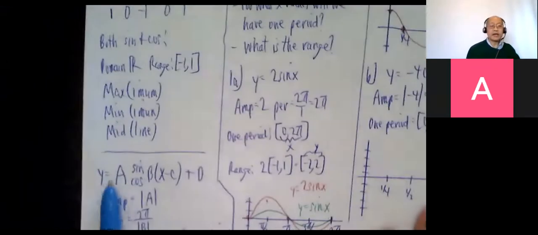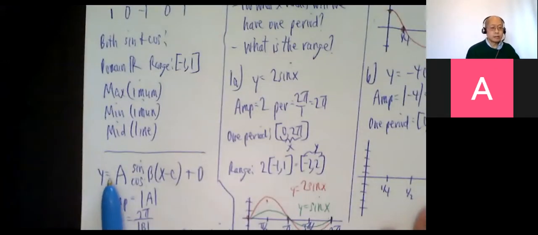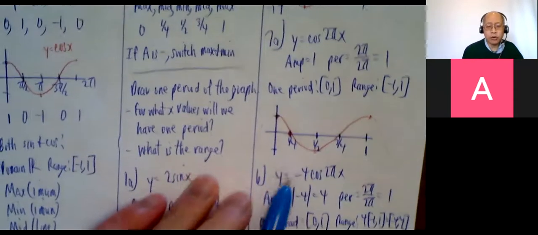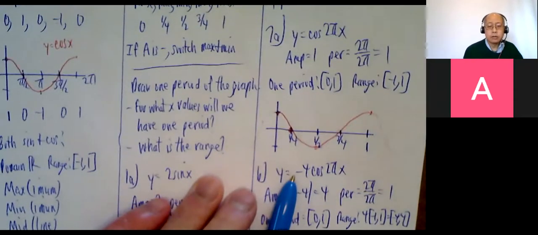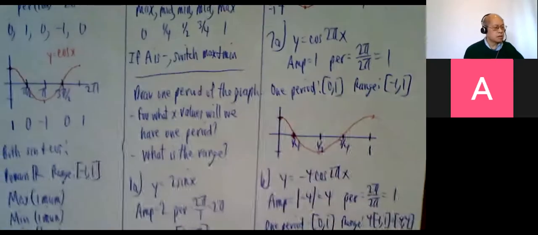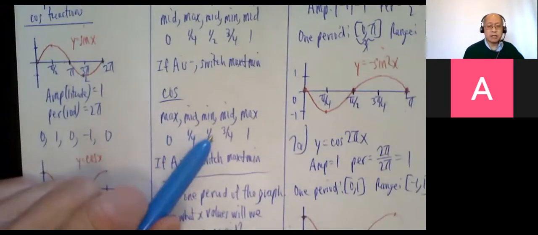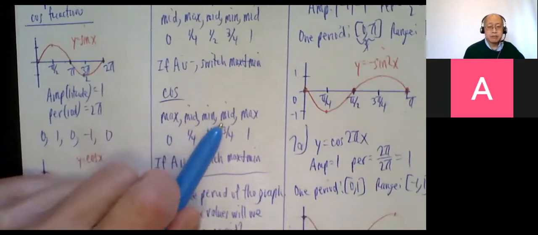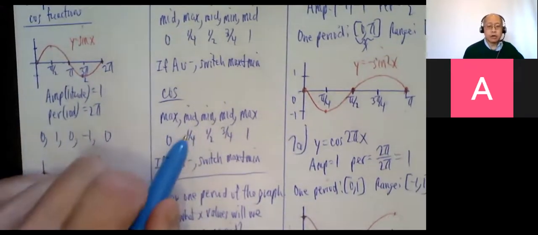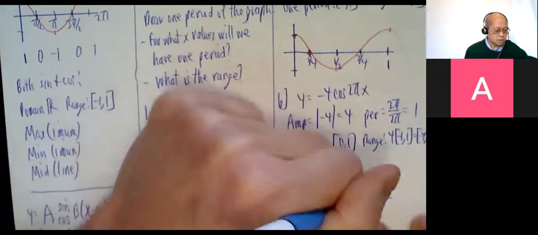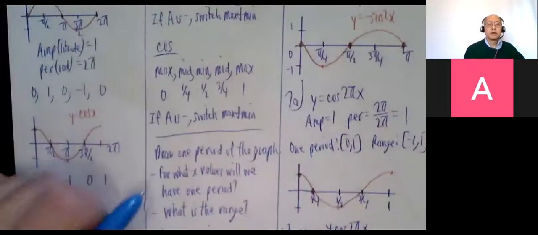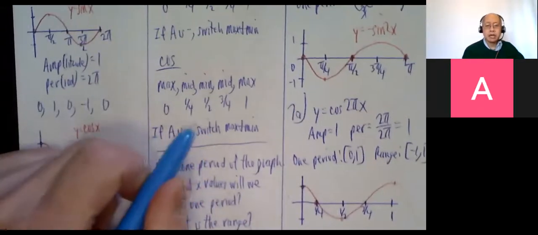Okay, my A is -4. So I have to switch max and min. Midline stays the same. So at the quarter mark and 3/4 mark, still 0. But max becomes min, min becomes max.